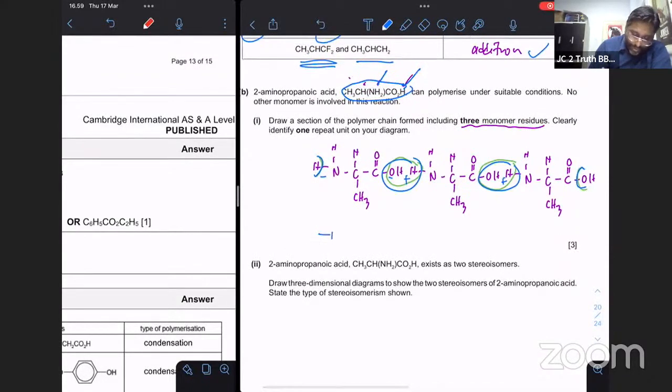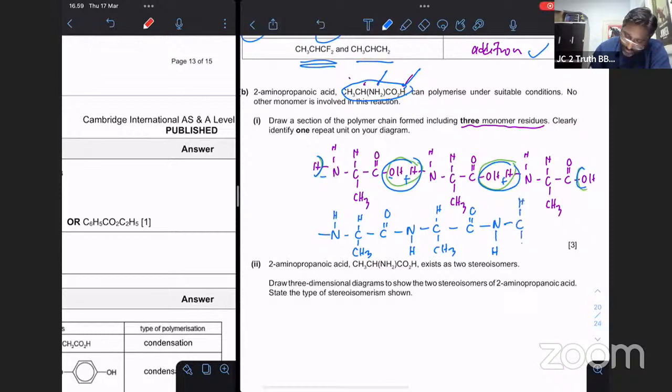when I write down it is nitrogen H, then carbon H, CH3, C double bond O, and just to show, you bring the H over here, H, CH3, C double bond O, bring the H over here, and then C, H, CH3, C double bond O, like this.